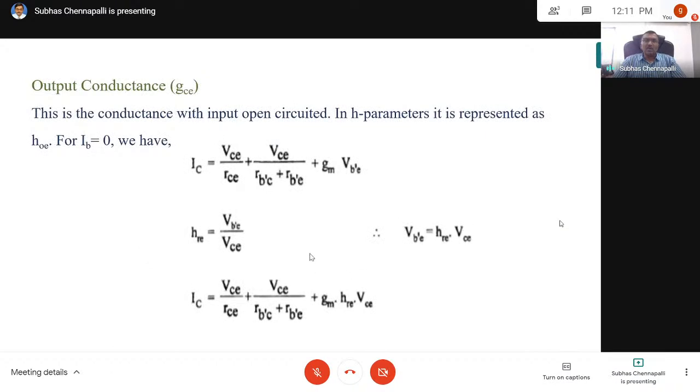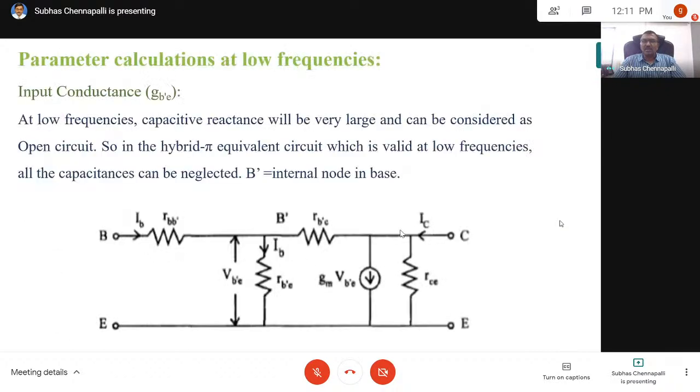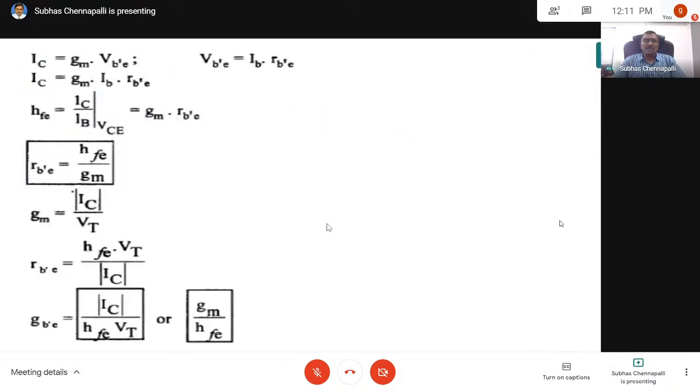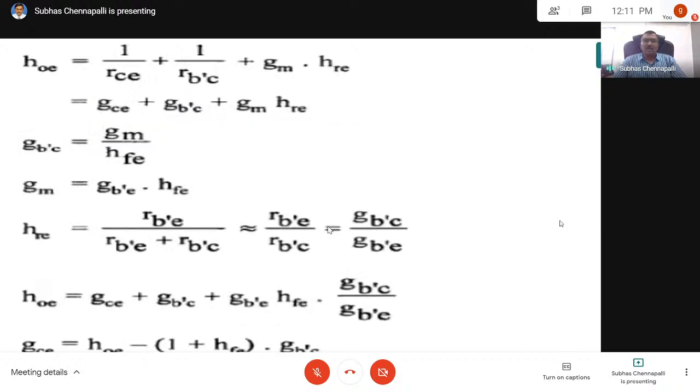Then you find out the collector current, where it is going in the circuit: reaching current is equal to leaving current. That's what is written here. Finally, what we need to know is GCE. You work out on that, you will get GCE.